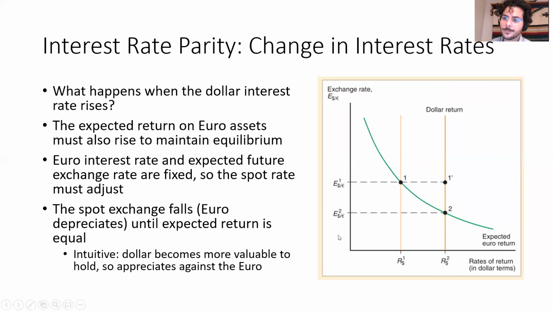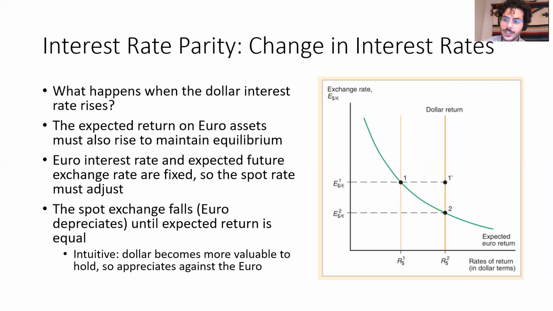In order to increase the expected return on holding that euro asset. And so at the new equilibrium point, we can see that the spot exchange rate falls, or in other words, the euro depreciates, or the dollar appreciates, until the expected return is equal. So if the euro depreciates, but we've kept the expected future exchange rate fixed, that means that the difference between the future rate and the current exchange rate of the euro has risen.